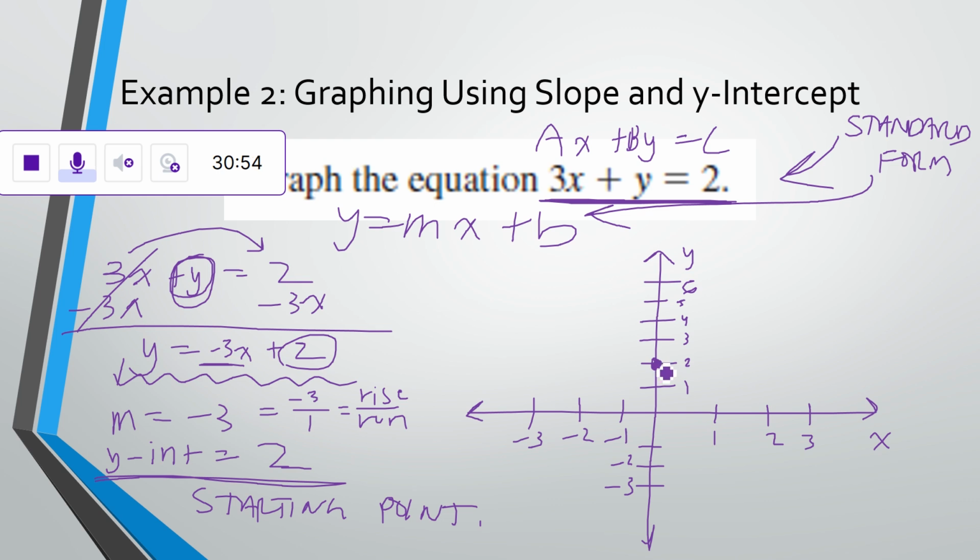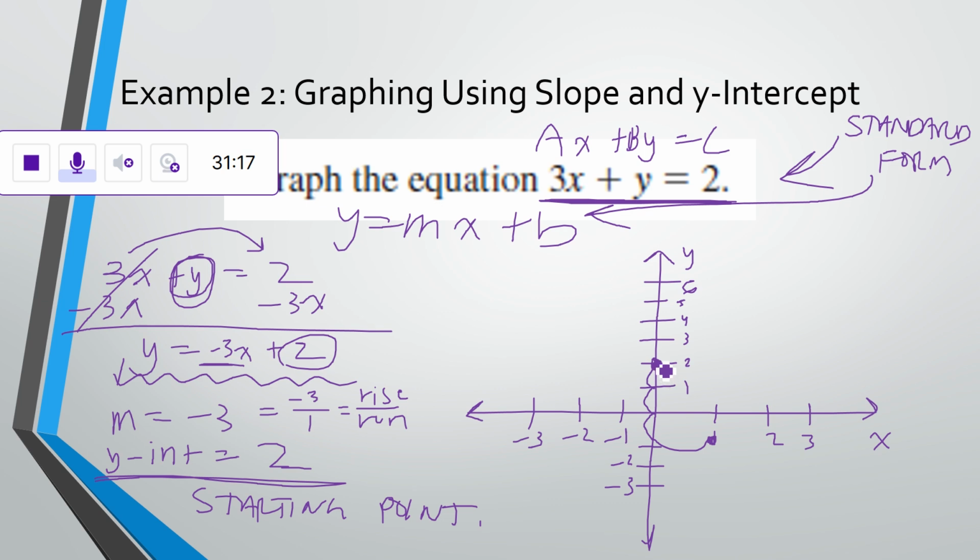So let's start out with that first. So falling down 3 units, 1, 2, 3. And then running maybe to the right 1 unit. This is where our first point should be. You can keep following this method, going down then right, but what I also like to do is showcase how that looks on the other side of the x-axis.